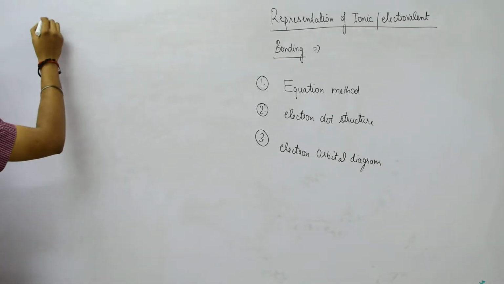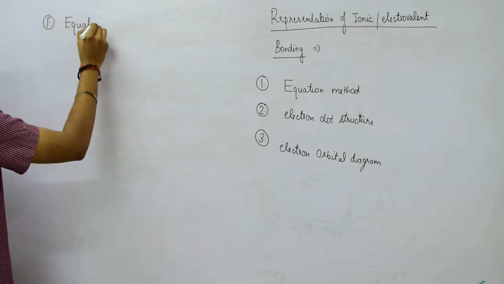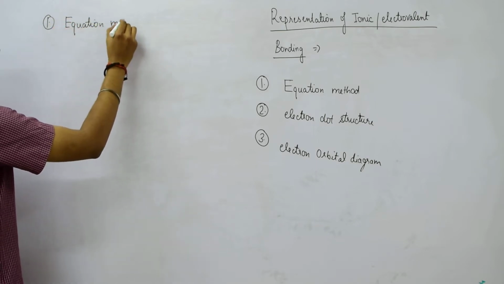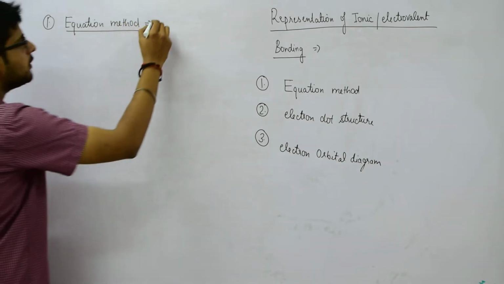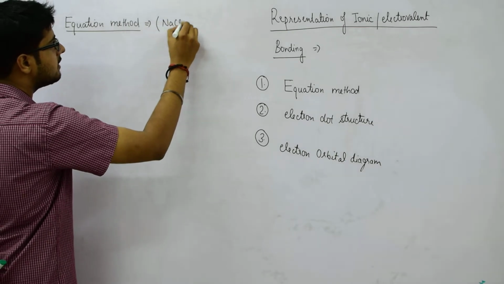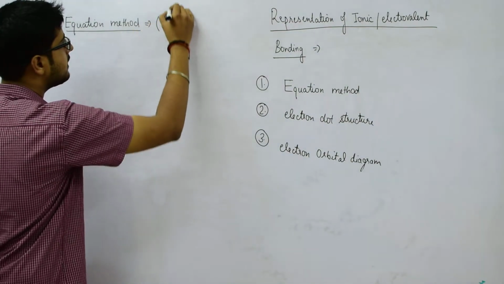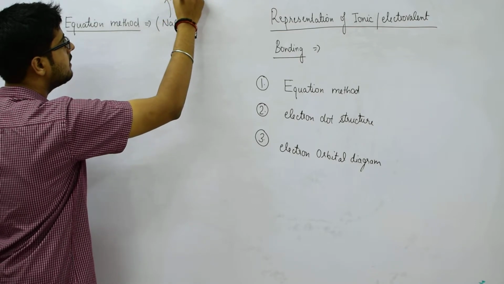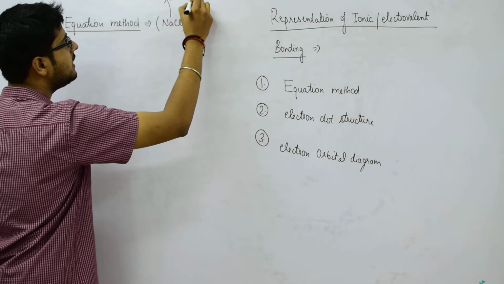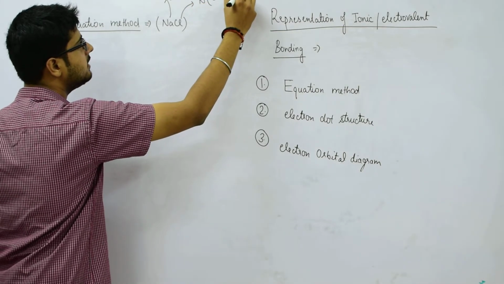First, the equation method: how we can explain the formation of an ionic bond in the form of equations. We are going to take the example of NaCl, sodium chloride, common salt. In NaCl, we know that sodium is our metal, which is the electron donor, and chlorine is a non-metal, which is the electron acceptor.